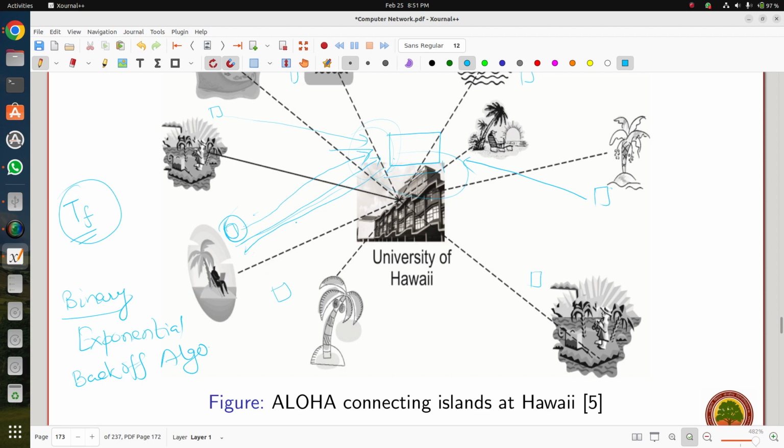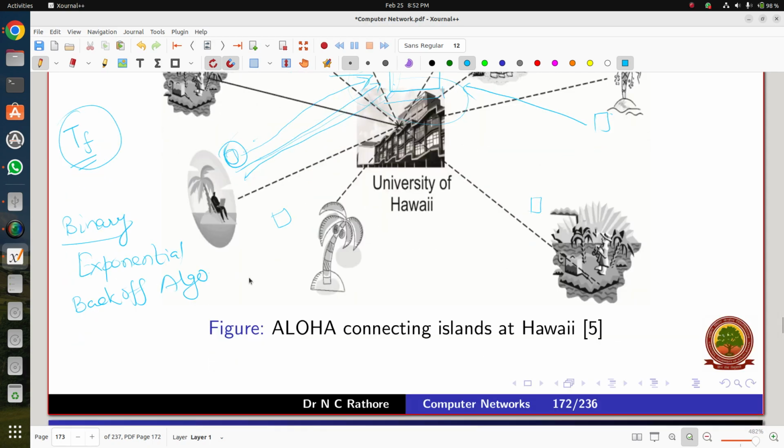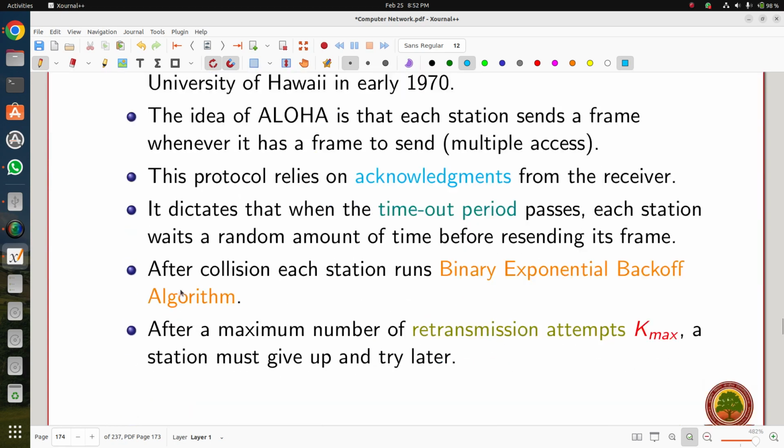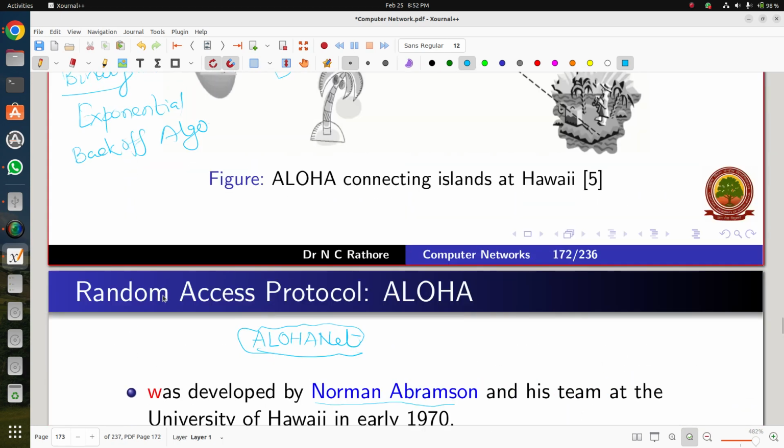When a station transmits something and receives an acknowledgement, it will assume that its transmission was successful. But if it doesn't receive anything, that means a collision has happened. Then all the stations that participated in the collision have to enter into the binary exponential backoff algorithm.